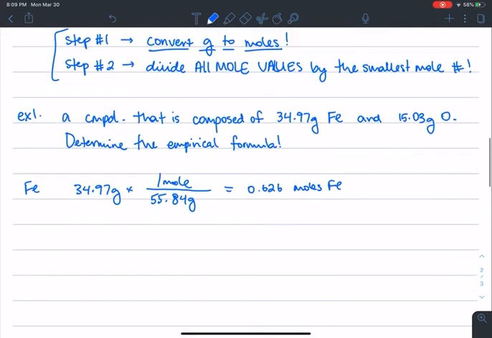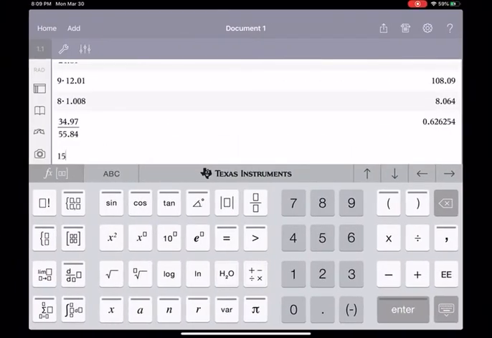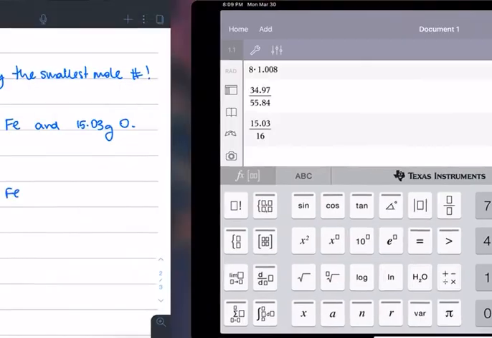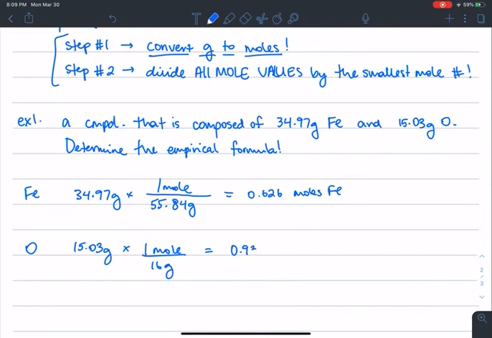Now we got to do the same thing, but for oxygen. So we have 15.03 grams, multiply it by its molecular weight, or divide by its molecular weight, you could say, which will be 16 grams. So 15.03 divided by 16 is 0.939 moles of oxygen. Okay, so we finished step 1.